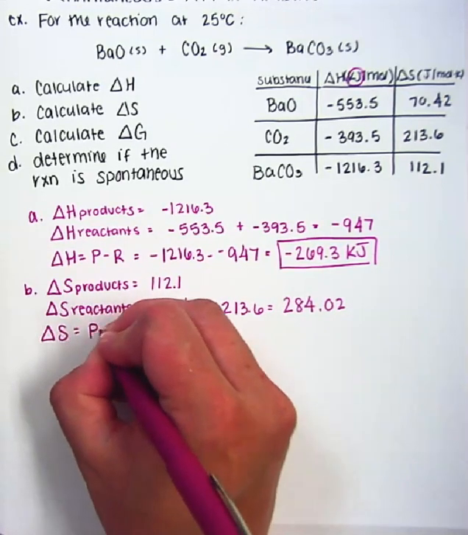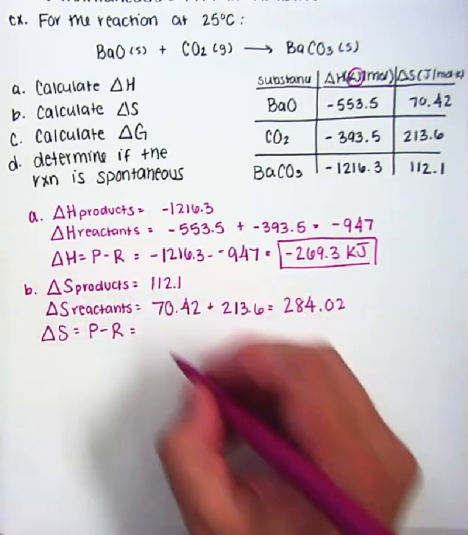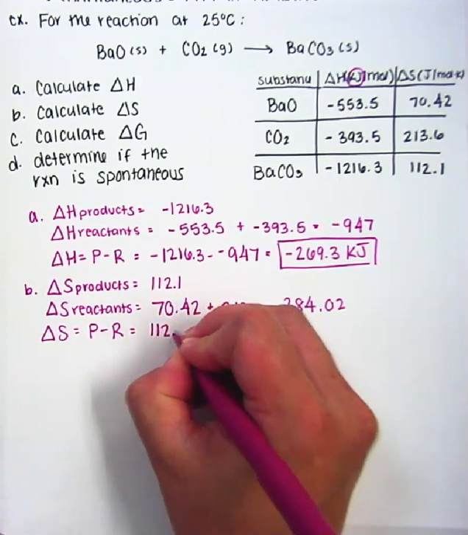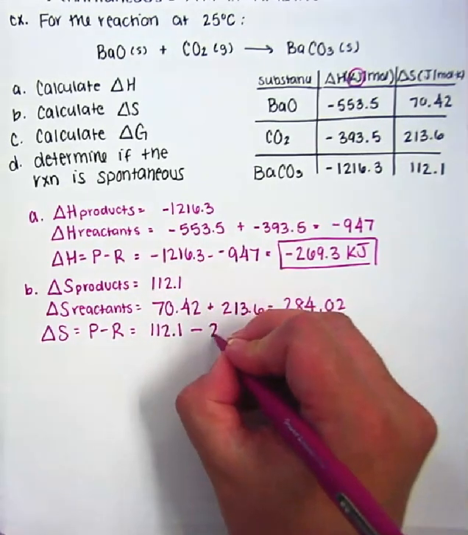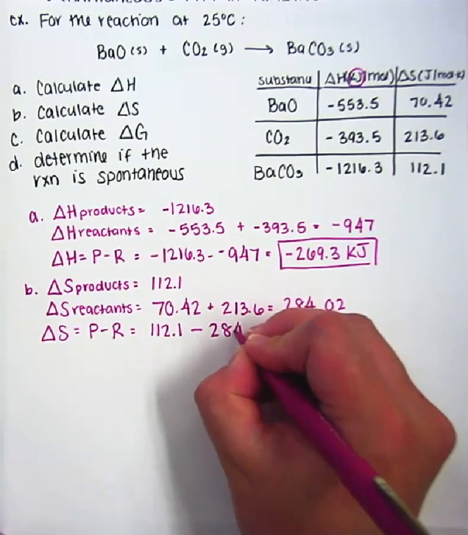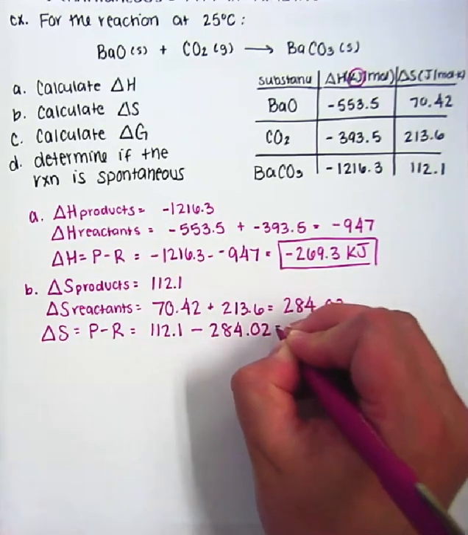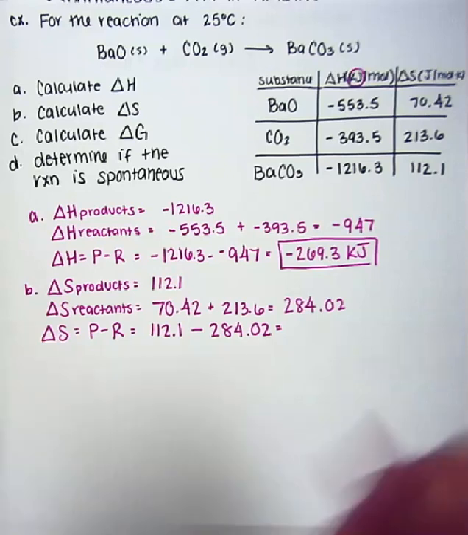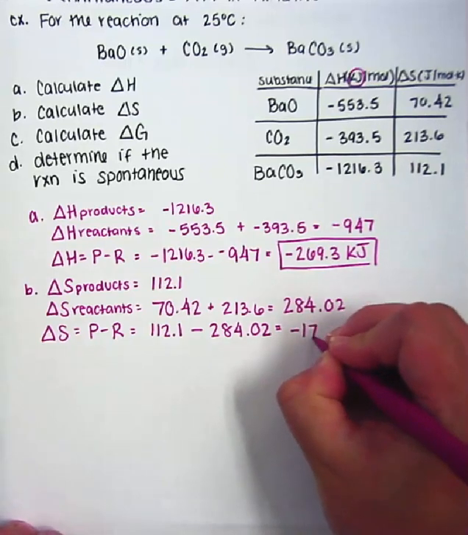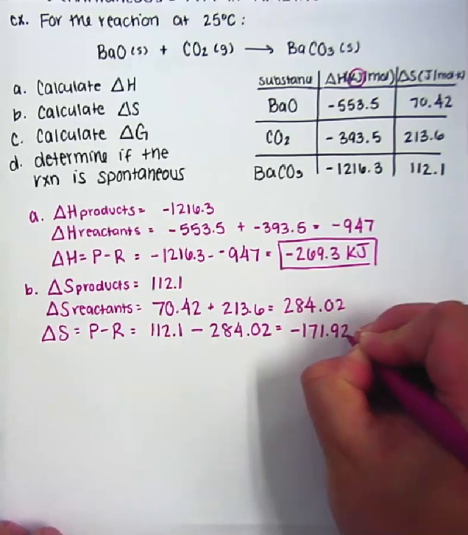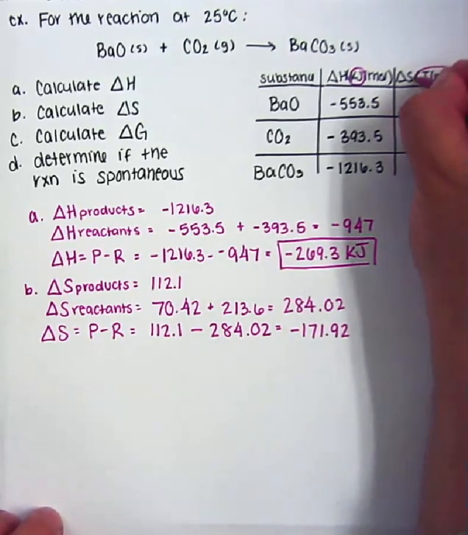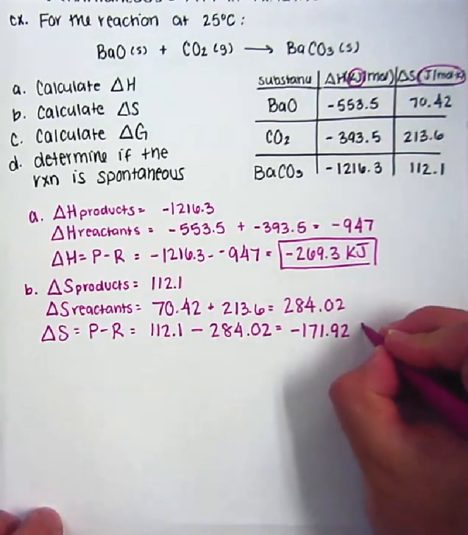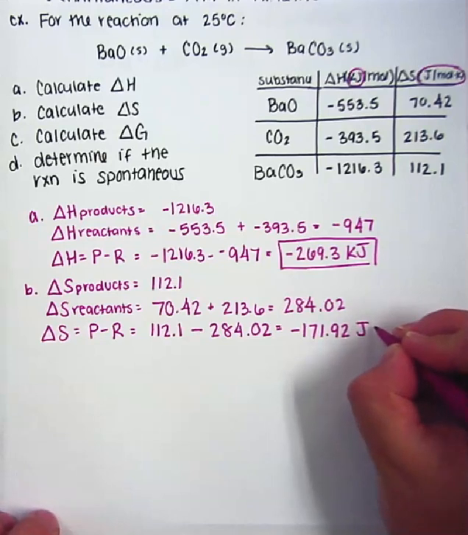And again, the equation is going to be products minus reactants. Negative 171.92. Remember, moles will cancel, and I'm going to be left with joules per Kelvin.